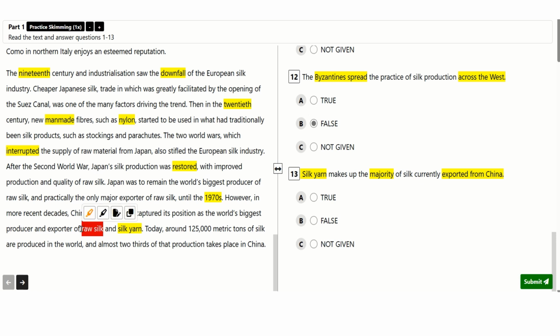They have two types of silk. In more recent decades, China gradually recaptured its position as the biggest producer and exporter.